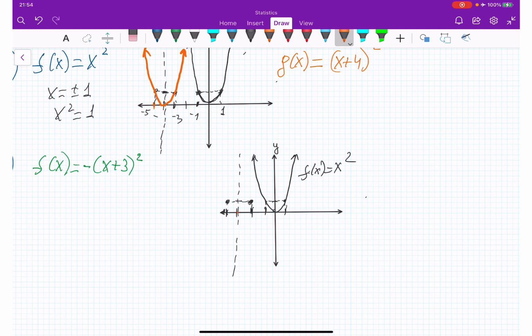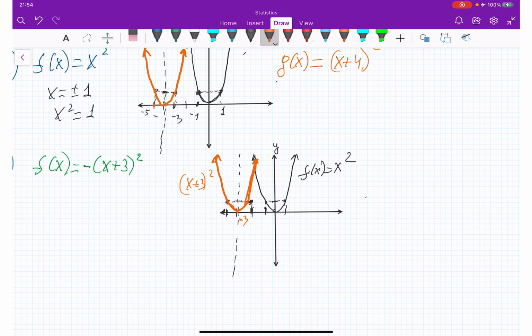This way and this way. Okay, not bad. So this is our x plus 3 squared, yes? Because this is -3.